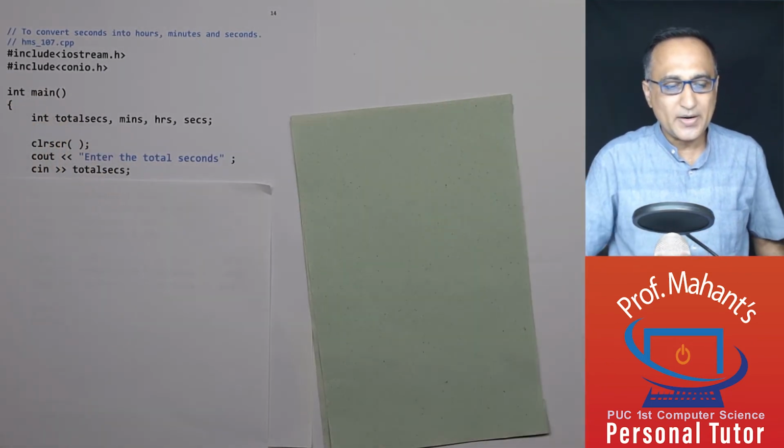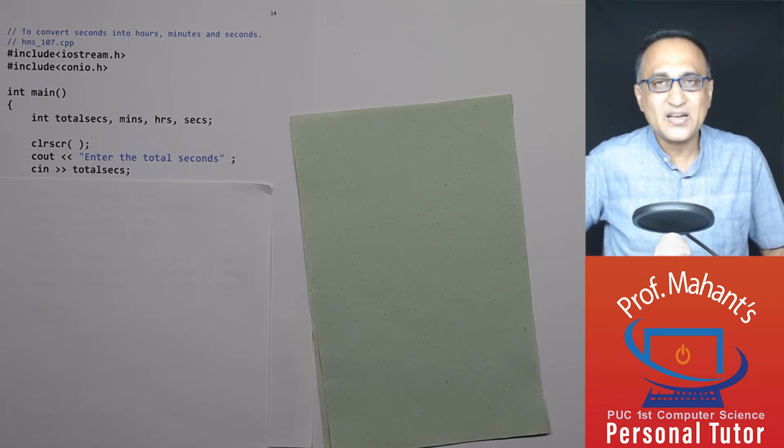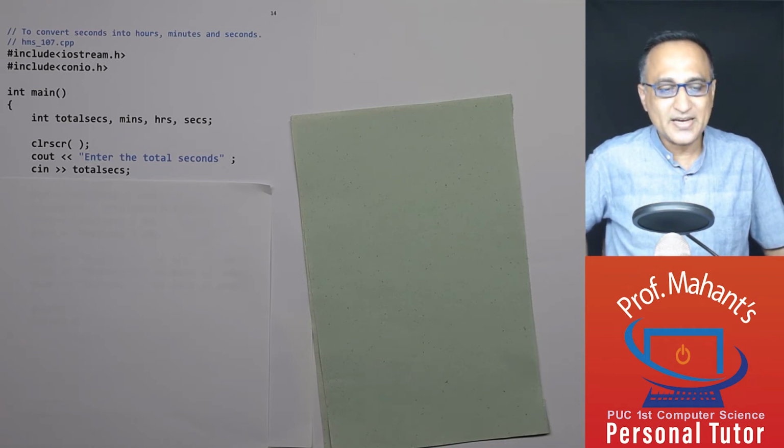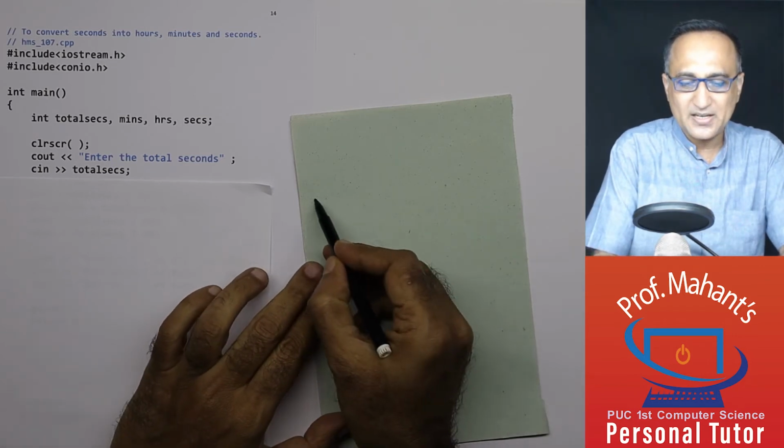The user is going to enter the total number of seconds. How many seconds are there in 1 hour? 3600 seconds. So if I divide the total number of seconds by 3600, I am going to get the number of hours. Using that logic, let us proceed ahead.